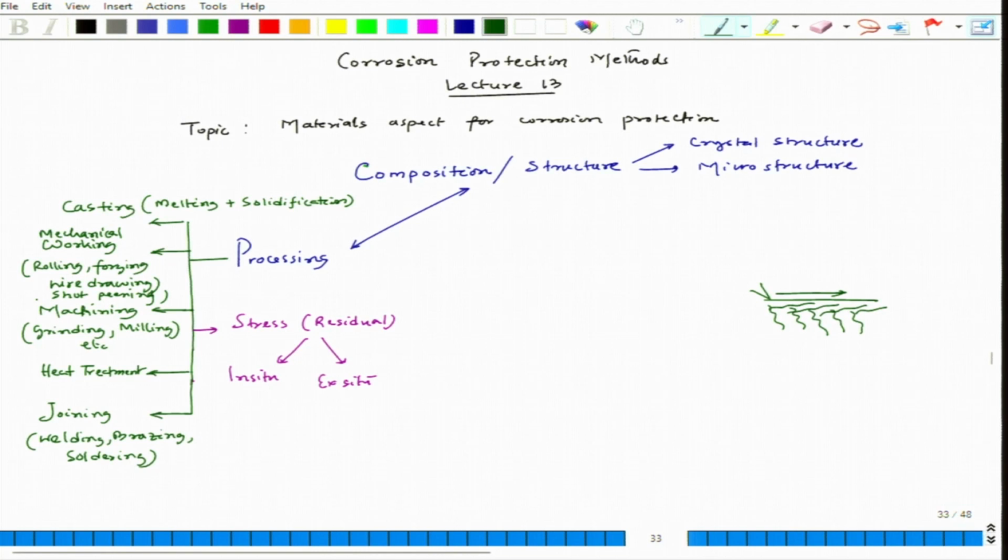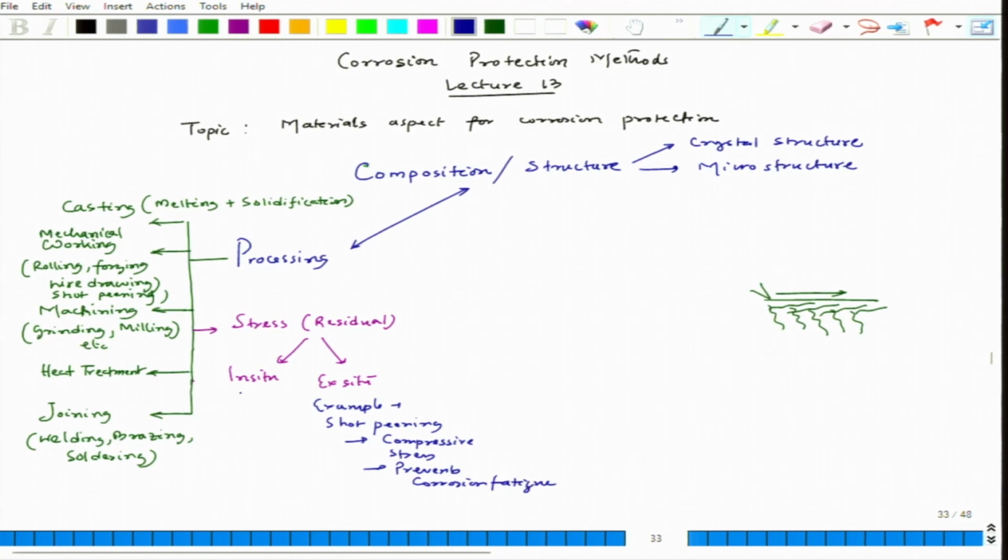So, ex situ, one example is shot peening, and it leads to compressive stress, prevents corrosion fatigue, fine.